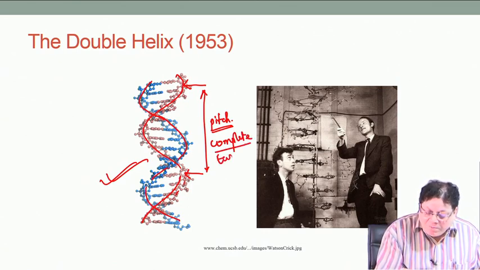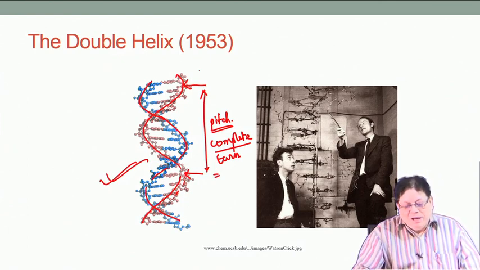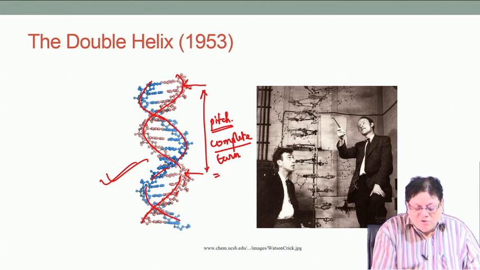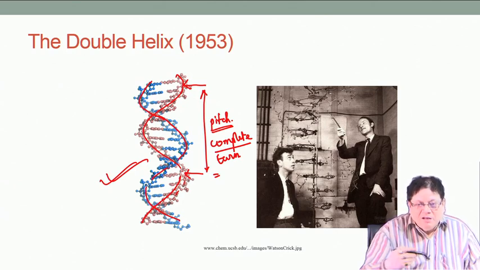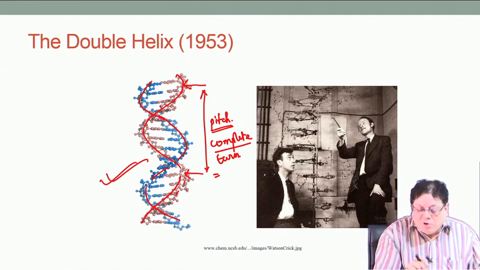For one complete turn, what is the rise in height? If you start from here going to there, that is rise in height. If you come from here to there, that is lowering of height. So, the pitch is one complete turn.